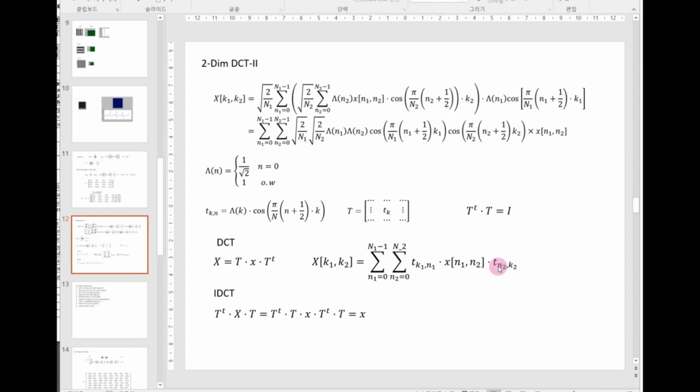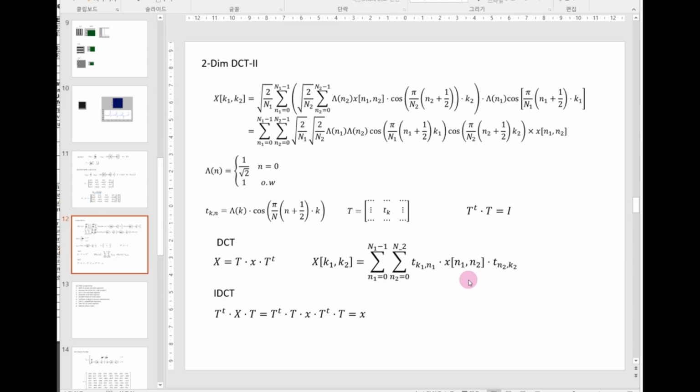The transpose of T has N2 and K2 dimensions. If you look at these indices, N1 and N1, N2 and N2 cancel out, so by this product the K1 and K2 values come out. This is the double summation operation shown here.